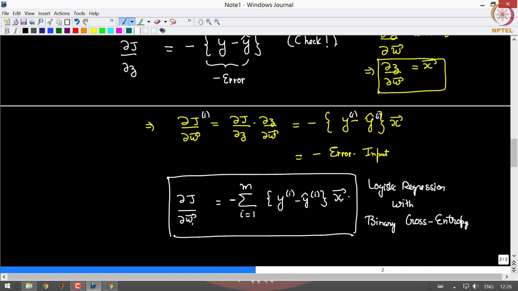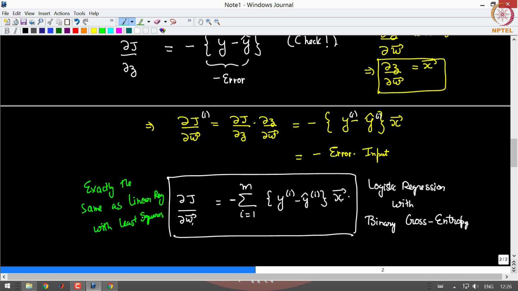Now, some of you might recall that we had exactly the same expression, except for a factor of 1 by m, which we can either include or not, exactly the same as linear regression with least squares. So, please refer back to your notes and check whether this is true or not.